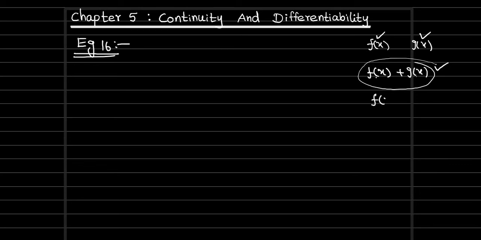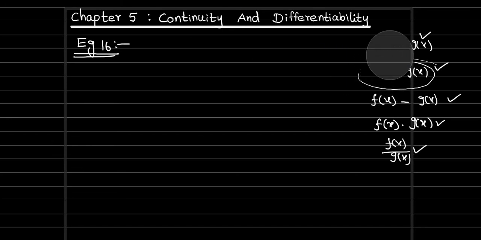In the same way, the difference of two continuous functions is also continuous. When we multiply two continuous functions, the product is also continuous. And when we divide two continuous functions, it's still continuous. Whatever basic algebraic operation we do between two continuous functions, addition, subtraction, multiplication, division, the result is also continuous.